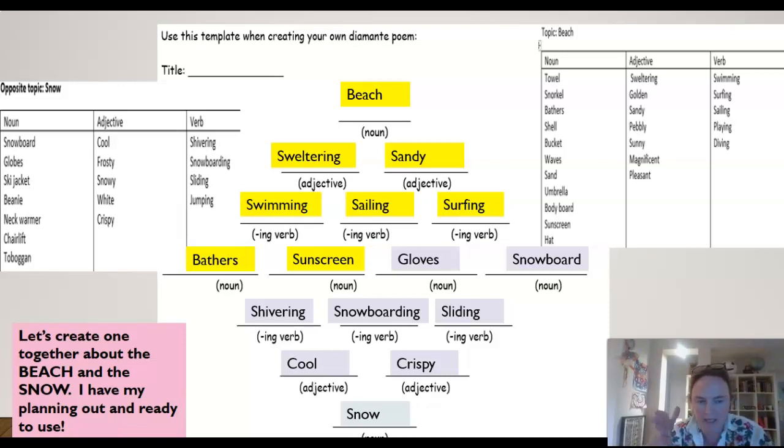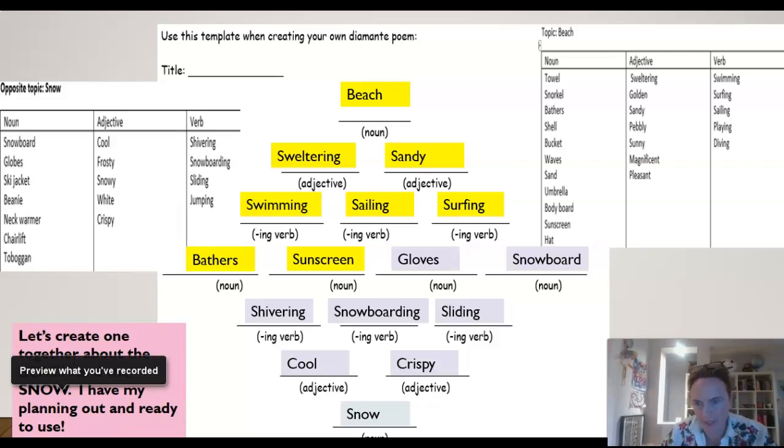Oh, swimming? Did I use the right rule? Swimming. Yes. Swimming, swim. That is the short vowel sound, so I have to double the end consonant. Swimming, sailing. Yep, my spelling looks good.